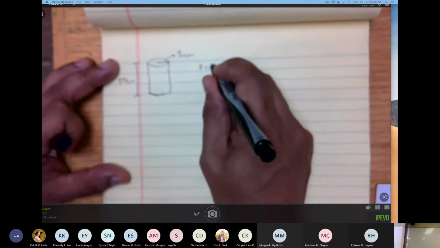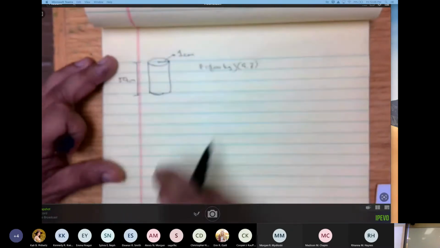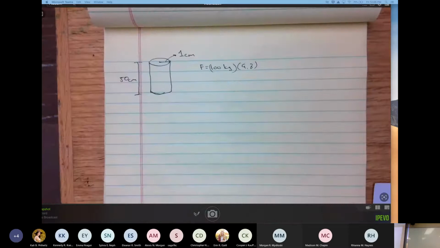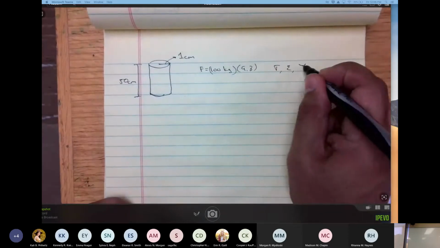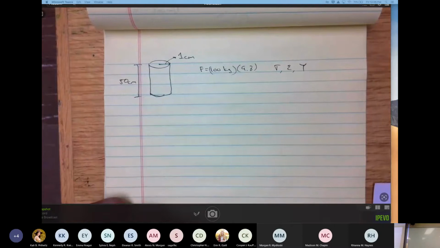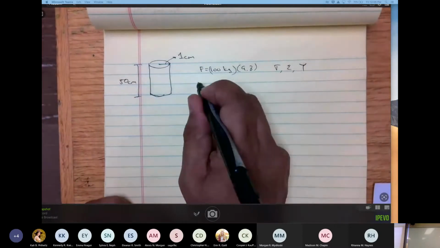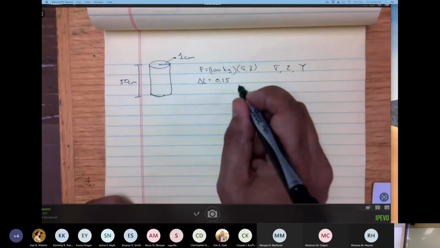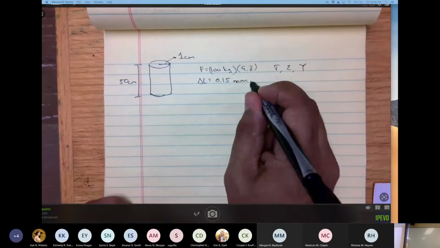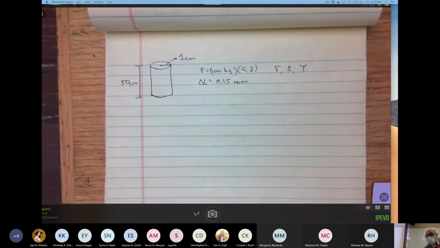That's going to be the force that's supporting. And I need to calculate the stress, strain, and the Young modulus. I know that under this force it is going to be compressed by 0.15 millimeters. Okay?